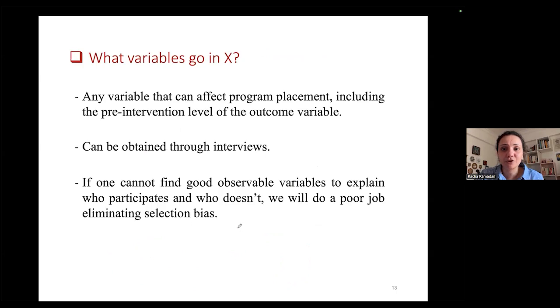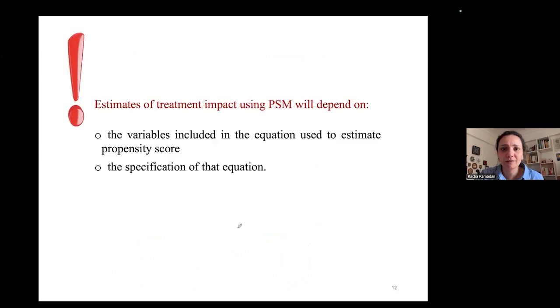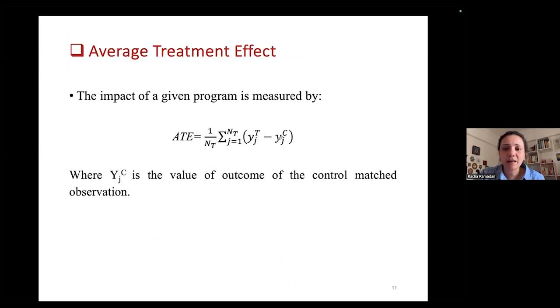Because simply, if I return to our average treatment effect, it would affect the selection of this YC, right? If you choose the outcome of the closest observation without caliper, it's not the same thing as comparing with the outcome of the closest observation with caliper.